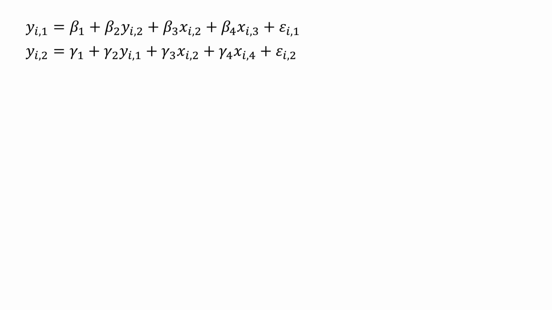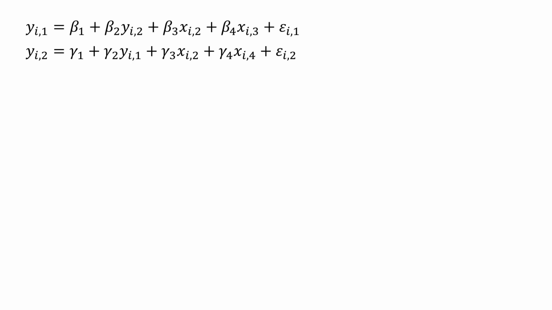As a concrete example, here are my structural equations. Think of them as the data generating process for each of the dependent variables. And in the DGP, it's perfectly okay to have y2 affecting y1 and to have y1 affecting y2.